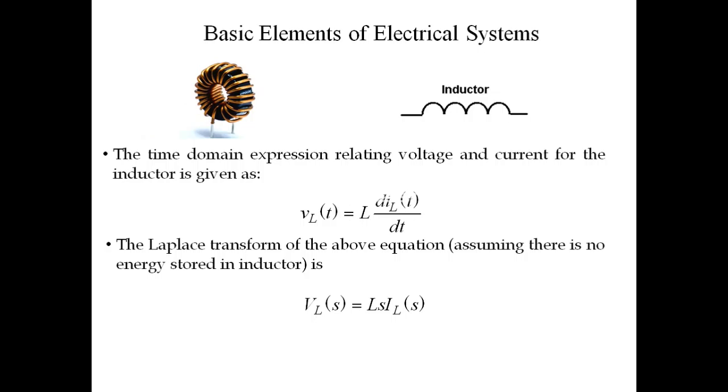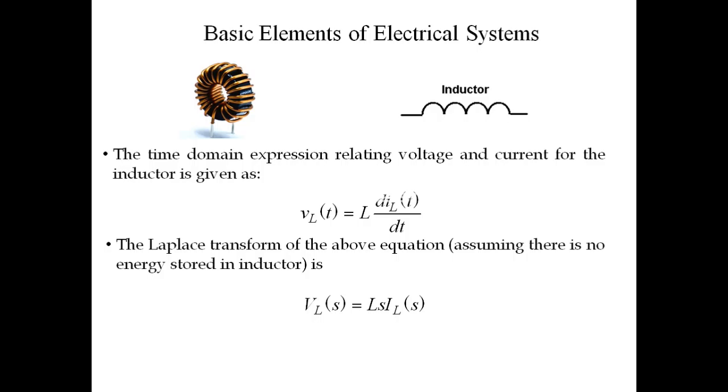Next is an inductor. The voltage and current relating expression for an inductor is given as voltage across the inductor, that is VL of t, is equal to L into d by dt of current across the inductor, that is IL of t.